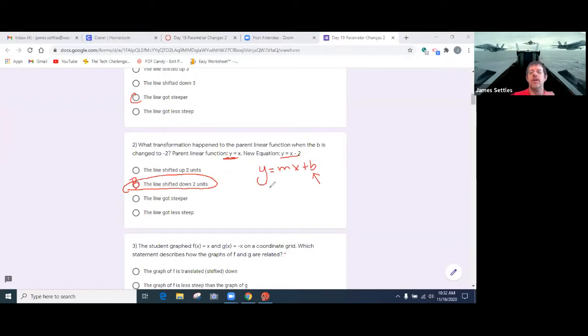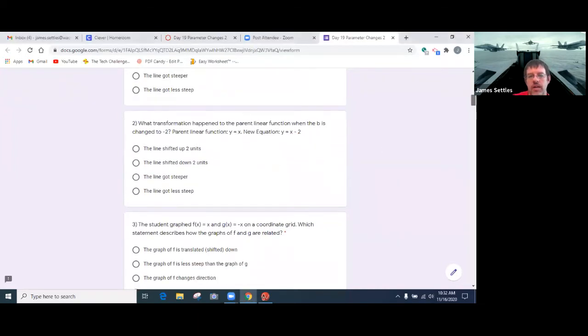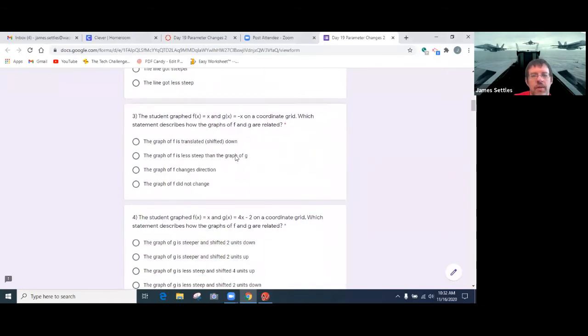All right. So number 3. The one that just has X, that's the parent function. We're not doing anything with that. The one that's changed, that's the one we're interested in. Now, this one, I kind of do think y'all should be able to get.